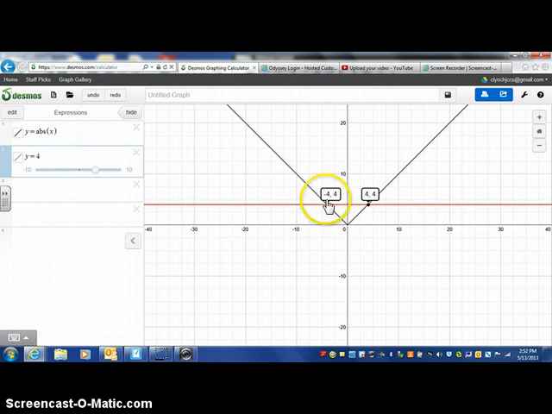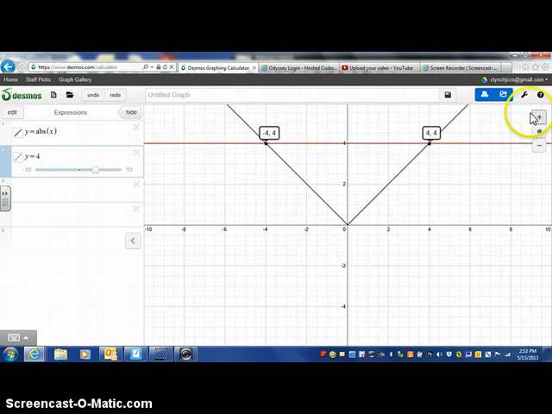So we can see in this situation, beneath the red line right here is where my function is true, where the absolute value of x is less than 4. So we know that in this area, x is greater than -4, since I know that's where -4 is, and x is less than +4. So let's zoom this in just a little bit.